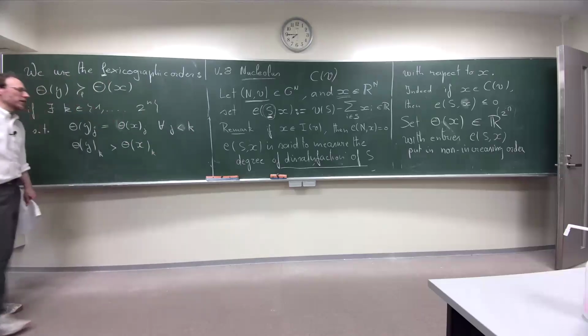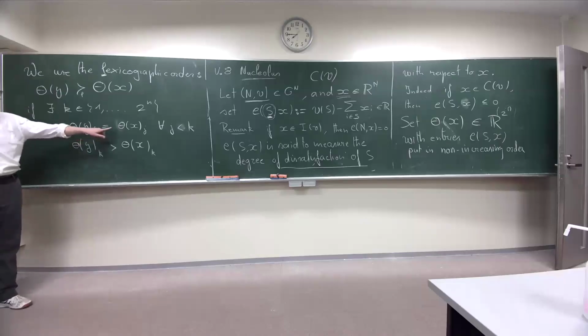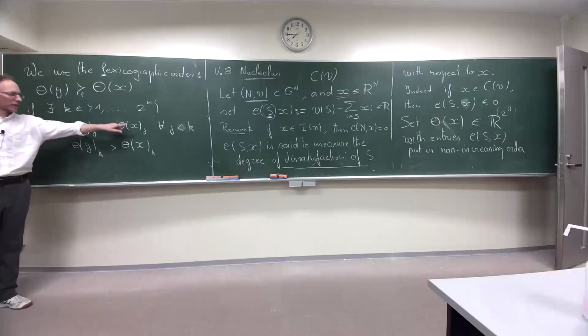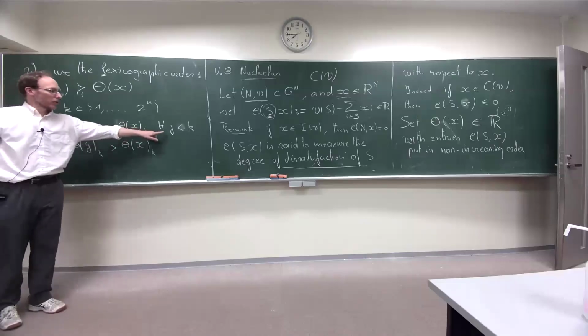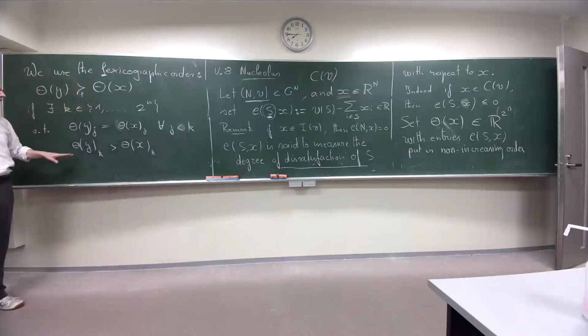So what does it mean? Look, it means the first k minus 1 entries of these vectors are the same. And so the entry j of theta y is the same as the entry j of theta x for all entries up to k minus 1, not k. And at k, it's bigger. This is called the lexicographic order.